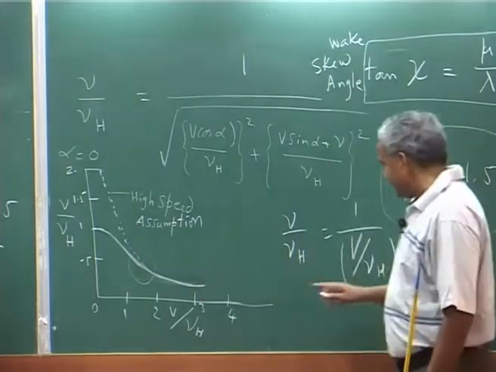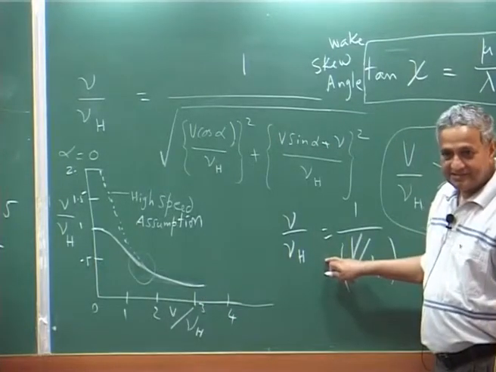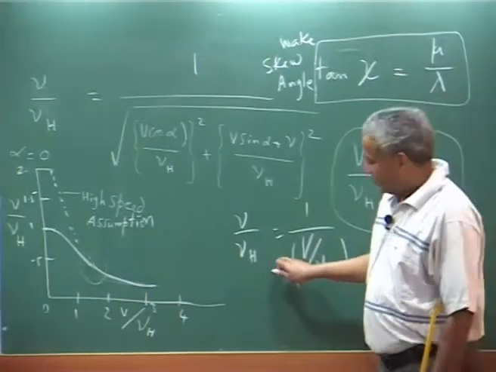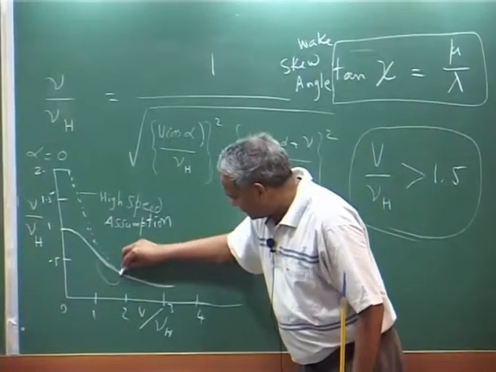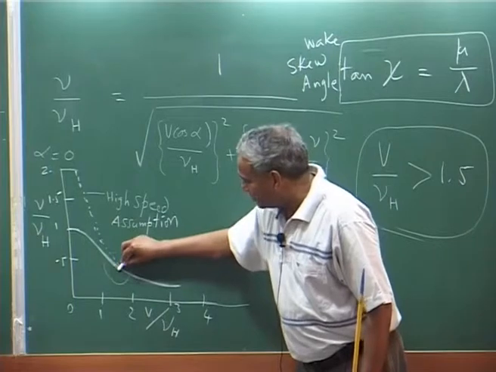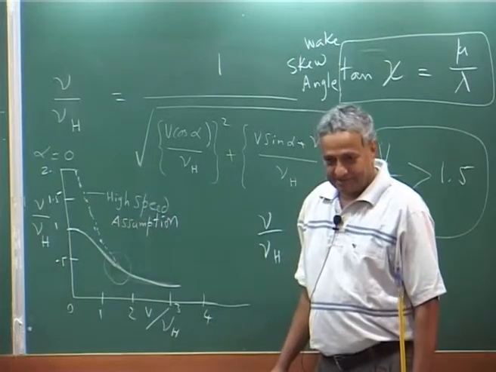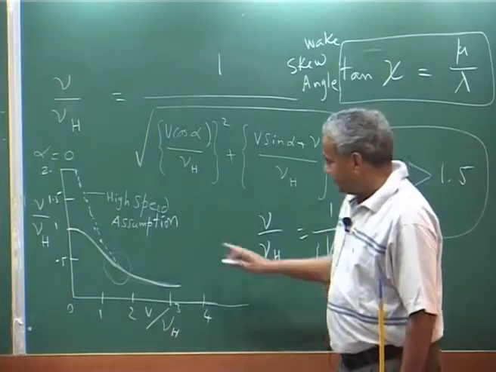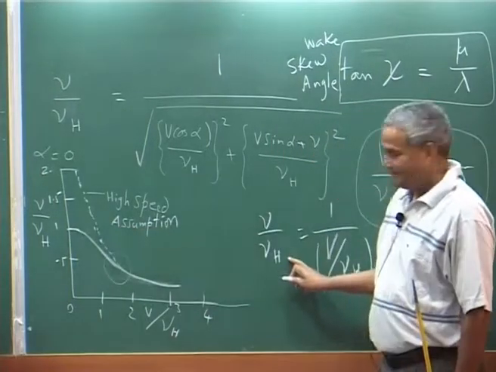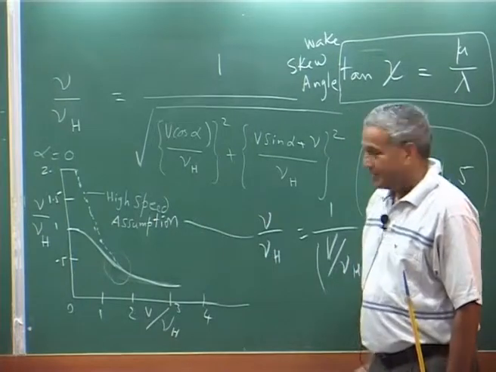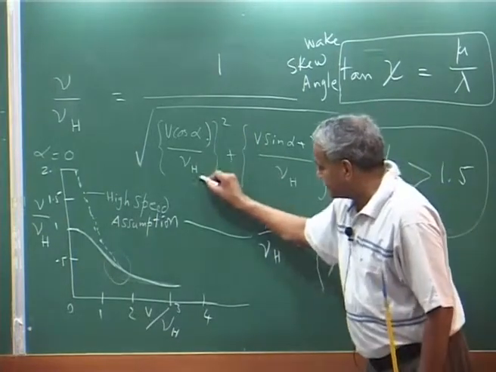Whereas when I plot this, it almost comes close up to 1.5, then only it starts deviating. This is this curve.